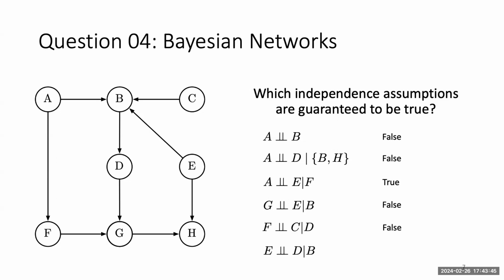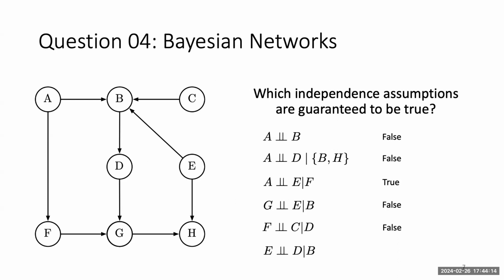And then you have F, and then C. There's a path from F to A to B, and then to C. Now, B is not observed. It's a V-structure, where A and C go to B, but because D is observed, and it is a descendant of the V-structure, it activates the influence from A to B to D to B to C. And so they are not guaranteed to be independent.